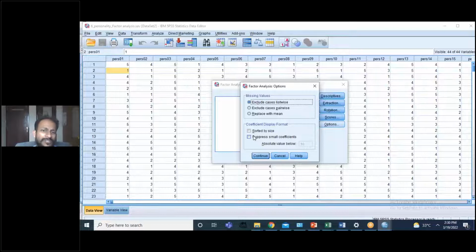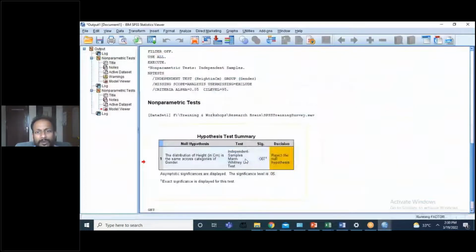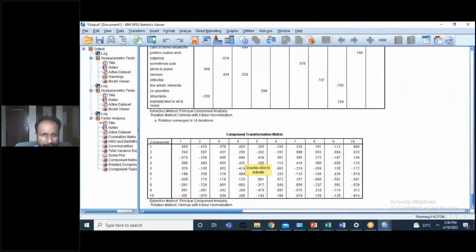I wanted to reduce it, so I'm suppressing those factor loadings which are lesser than 0.40, so that I'll get some understanding of what type of loadings I have got. Click on continue and click on OK. Once you have clicked on OK, now you can see the output.